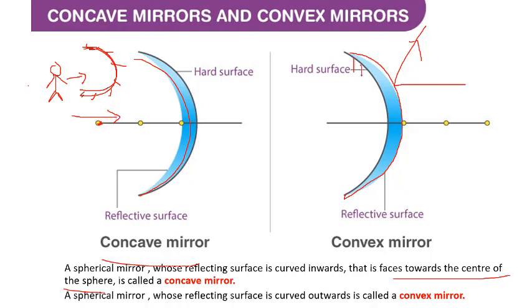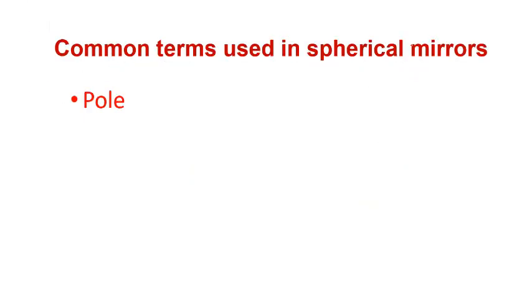And this side is painted. So this is a convex mirror. Now it is clear what is concave and convex. When you say concave, you will imagine it is like a cave, you are entering a cave, and when convex, it is throwing outwards.